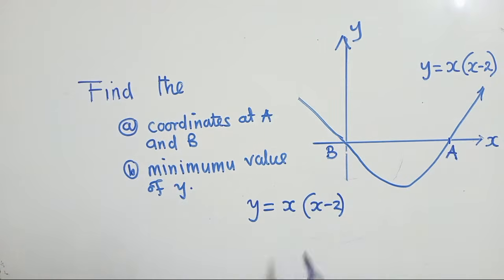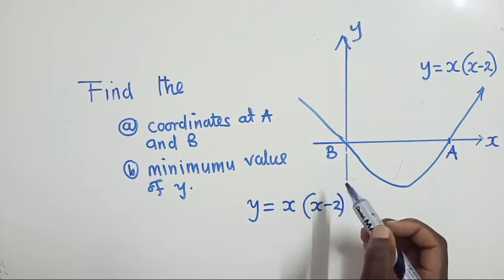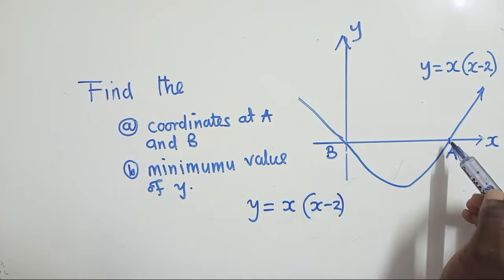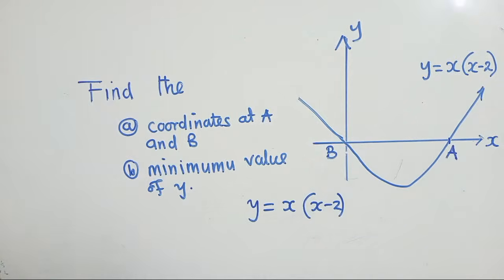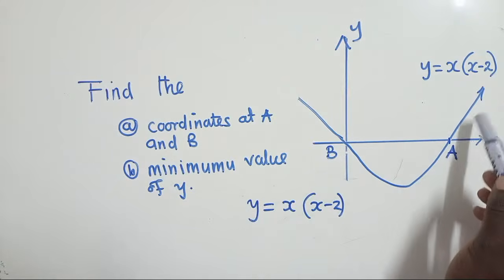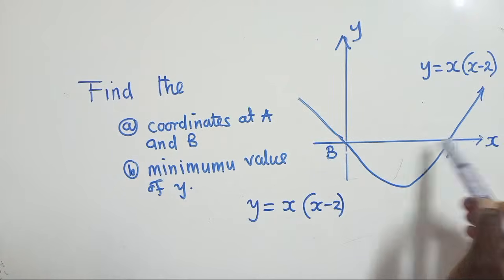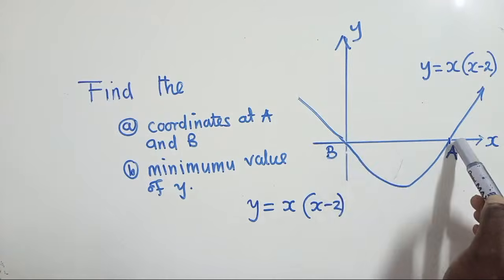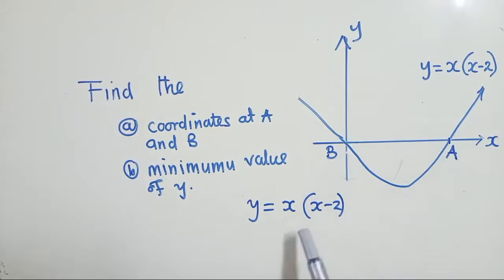In other words, when you've been asked to find the coordinates and you see that this graph is cutting the x-axis at this point and this point, it means you just solve the quadratic equation. So just let y be equal to 0.